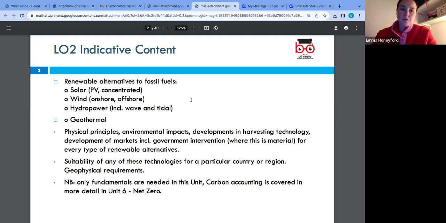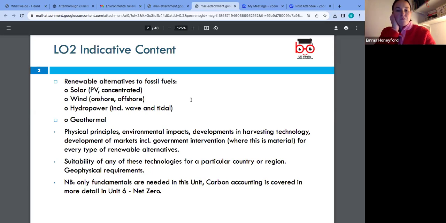The different types of renewable energies that we will go into today will be solar, wind and hydropower, and geothermal. We will talk about the physical principles, the science behind the different renewable technologies. Each renewable energy will have an environmental impact, and it will look different depending on the geography again.